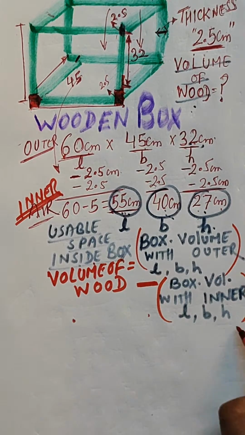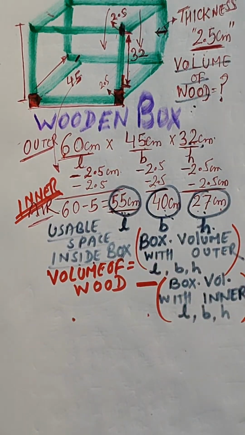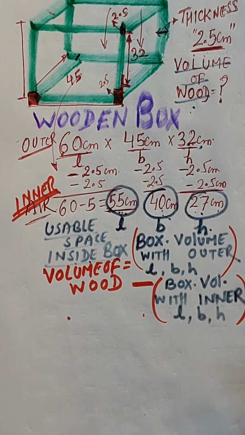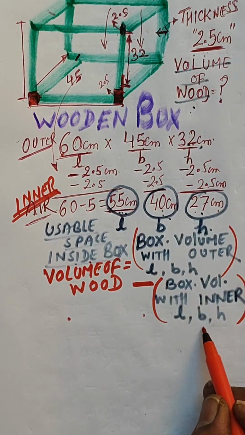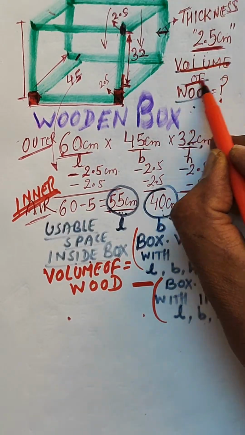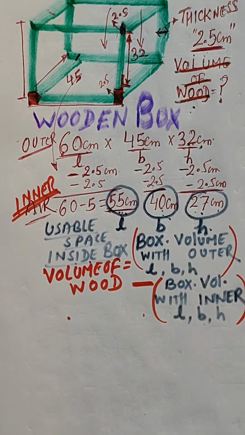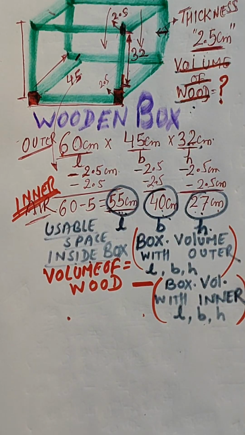When you take the volume of the box with outer dimension, and from that you reduce the volume of the box with inner dimension, you will get the volume of the wood, right?